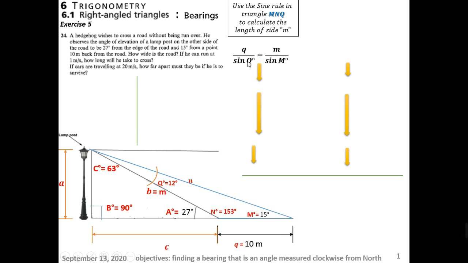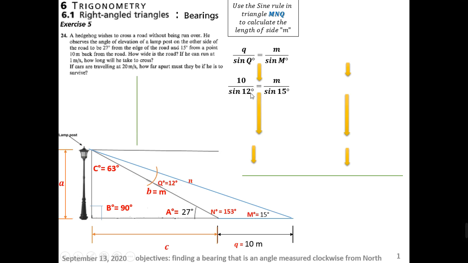So, Q over sine angle Q is equal to M, which is my unknown, over sine angle M, and angle M is known. Let's substitute in this rule. So, Q is equal to 10, as we can see here in the diagram. 10 over sine of angle Q, angle Q is equal to 12.